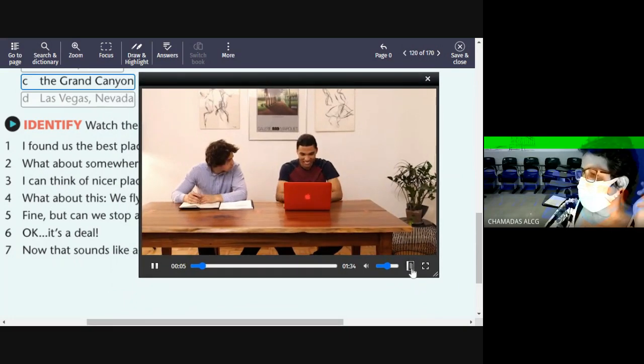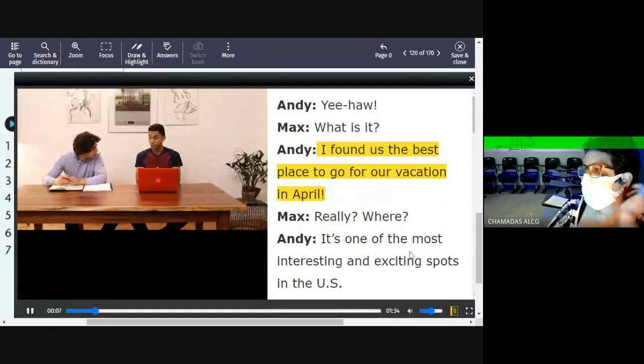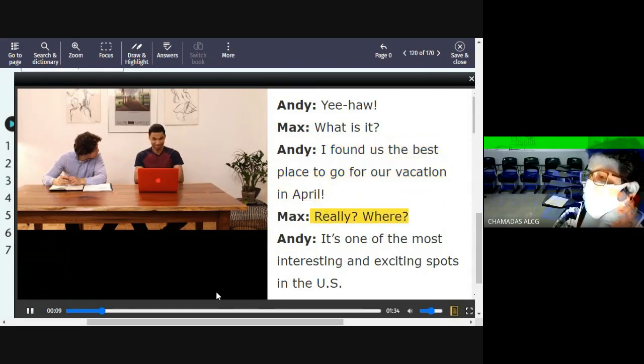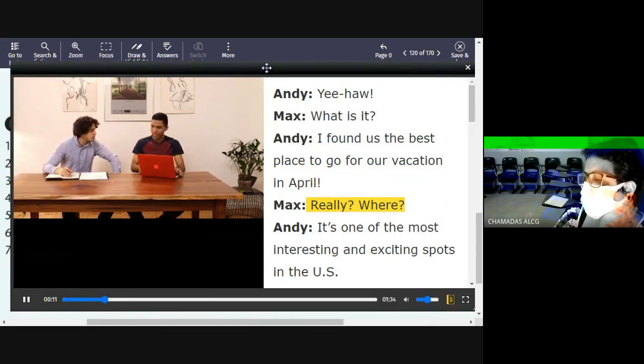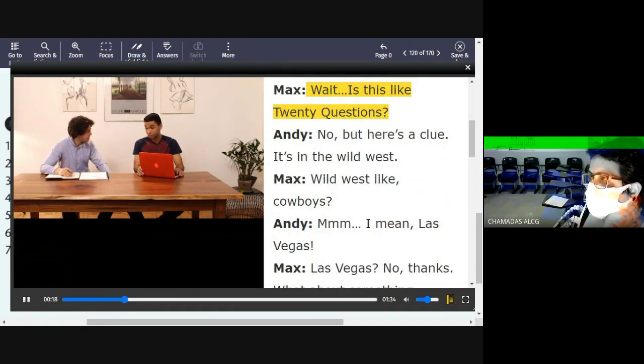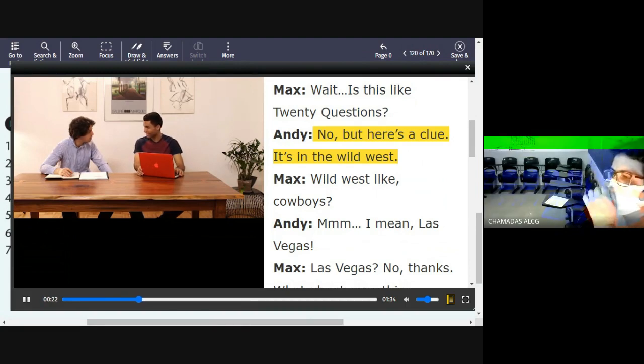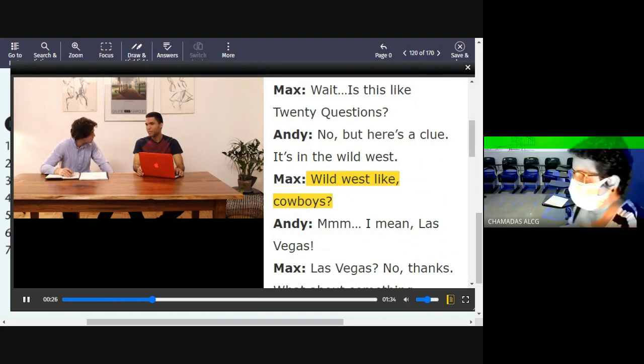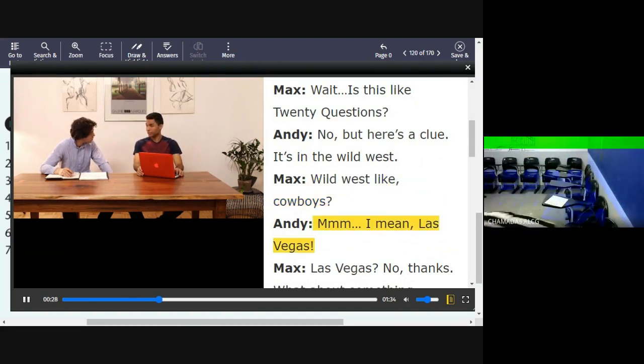Yeehaw! What is it? I found us the best place to go for our vacation in April. Really? Where? It's one of the most interesting and exciting spots in the US. Wait, is this like 20 questions? No, but here's a clue. It's in the Wild West. Wild West? What, like cowboys? I mean, Las Vegas.